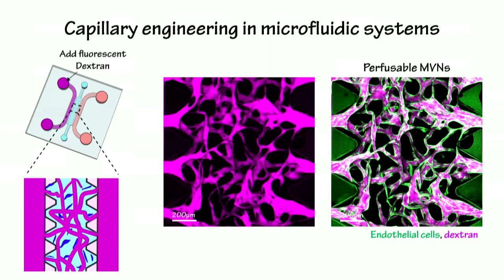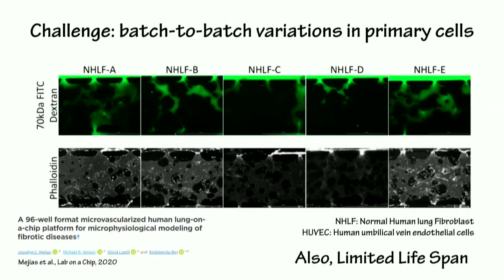But to engineer such microvascular networks, we are facing several challenges. The first challenge I'm going to talk about is the batch-to-batch variation in primary cells. Not only in our lab, but also in other labs, we prefer to use primary cells to engineer microvasculature. In this model from Roger's lab, they developed a very cool vascularized lung-on-a-chip model.